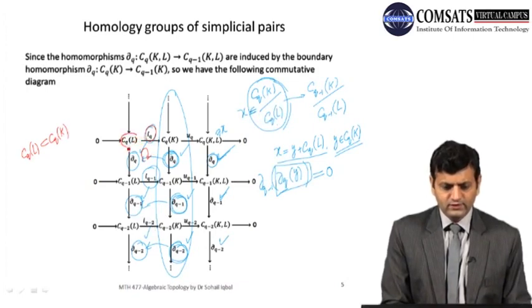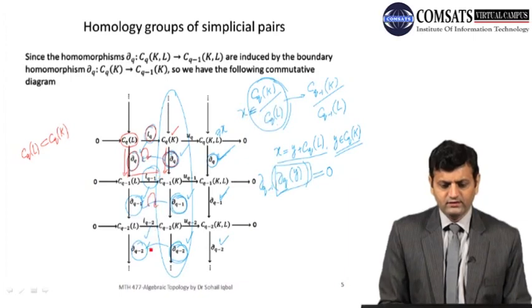If I take an element of C_q(L) and apply i_q on this, I get the same element, and taking this image will give me another element, and it should be the same. What are these boundary maps of C_q(L)? These are defined from the boundary maps of C_q(K). They are the same maps, but restricted to C_q(L). If I follow this route and embed them, since i_{q-1} is just the inclusion map, I should get the same image, and that's why they are commutative on this part.